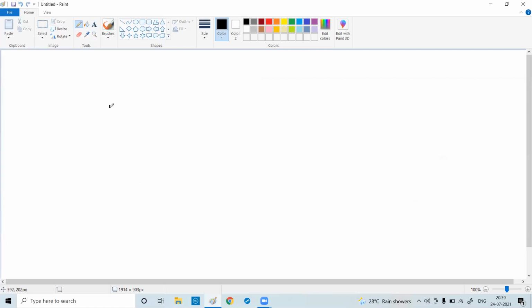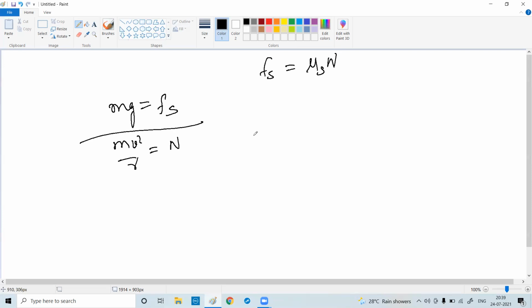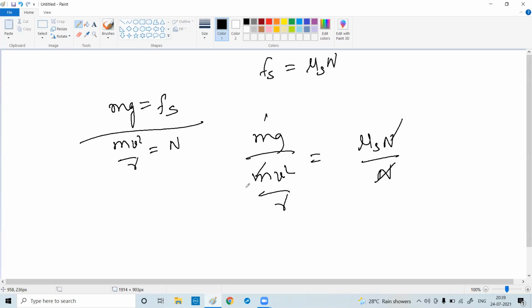So your Fs equals mg, and your mv square by r is equal to N. So what is Fs? Fs is nothing but mu s into N. So if you divide mg by mv square by r equal to mu s N divided by N, the N goes.